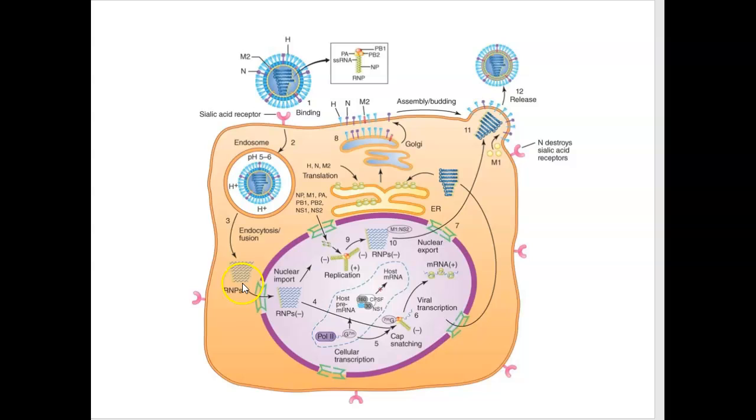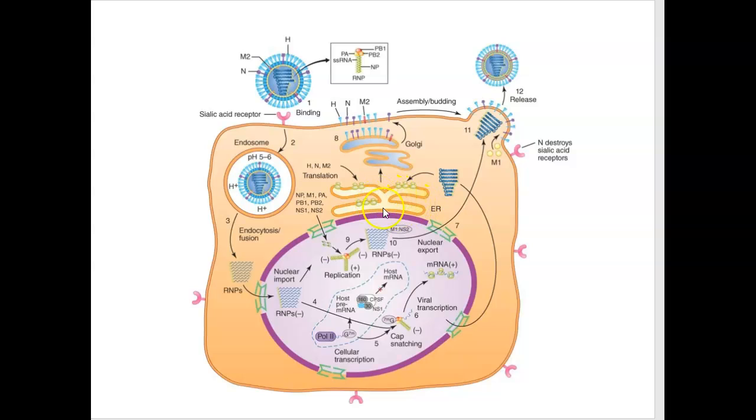The genome, the segmented genome, goes into the nucleus, where the polymerase complex, so we got PA, PB1, PB2, they make new copies of the genome, and they make messenger RNAs. The viral messenger RNAs, some of them undergo splicing, and they use cap snatching. They're exported, and then they're translated on ribosomes.